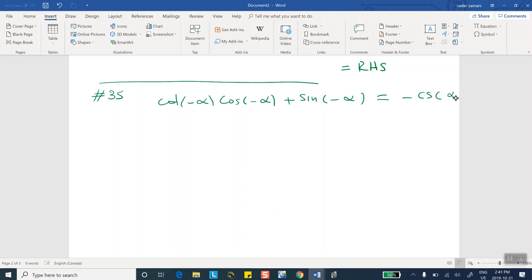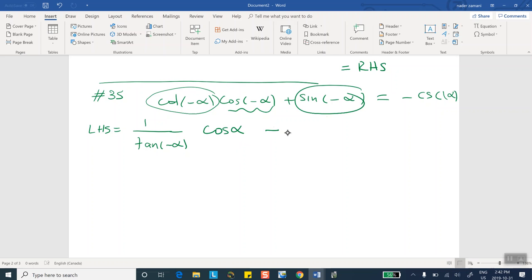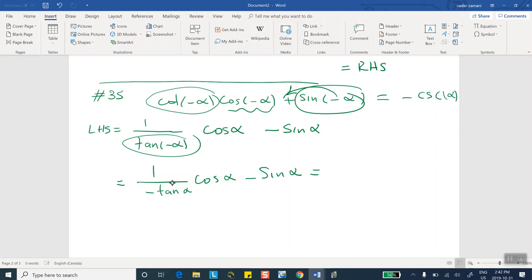Left-hand side. Well, let's recall that the cotangent is 1 over tangent. Cosine is an even function, so it's going to be cosine of alpha. And sine is an odd function, so take the minus sign out, minus sine of alpha. And remember, tangent is an odd function, so it's going to be 1 over minus tangent of alpha, cos alpha, minus sine alpha.